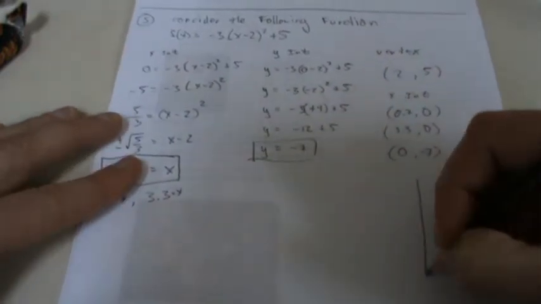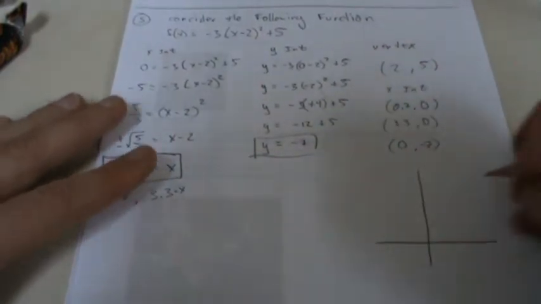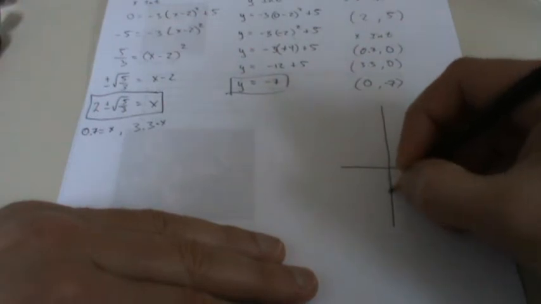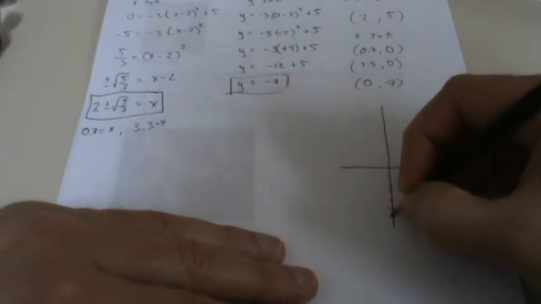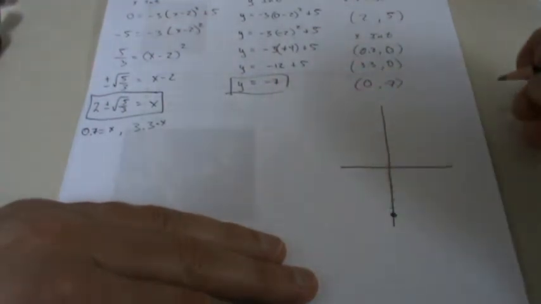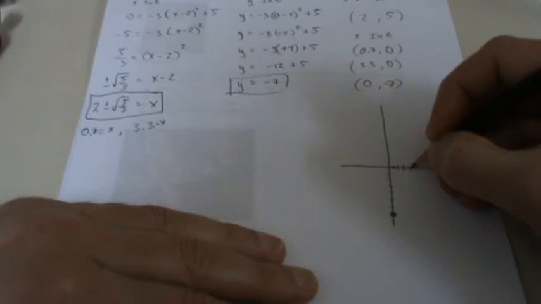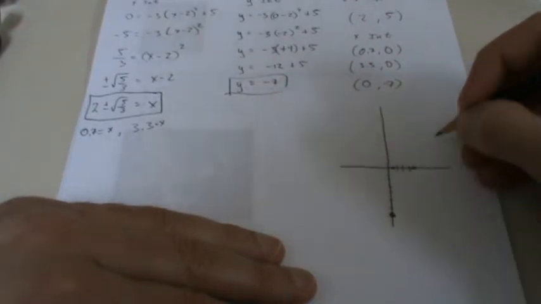Now I make a graph. 1, 2, 3, 4, 5, 6, 7 is my y-intercept. 1, 2, 3, and a little bit past 3 are my two x-intercepts.